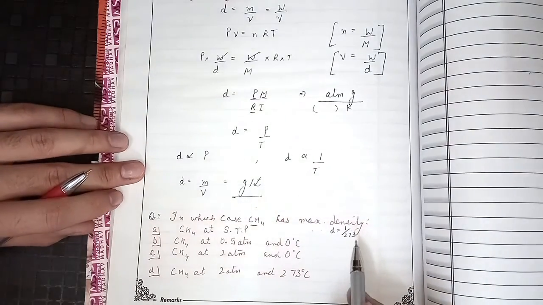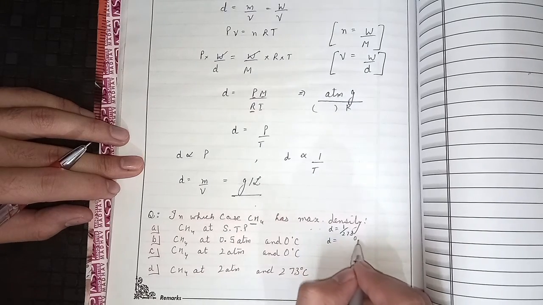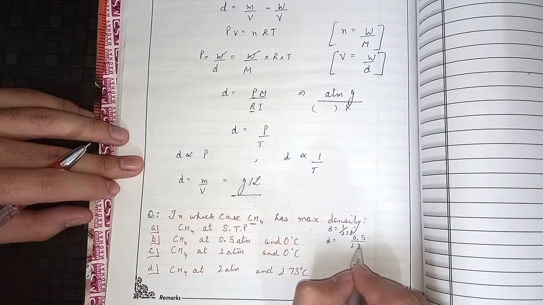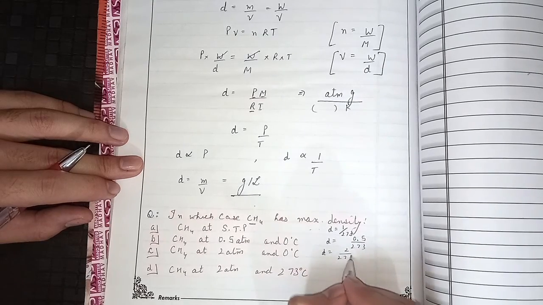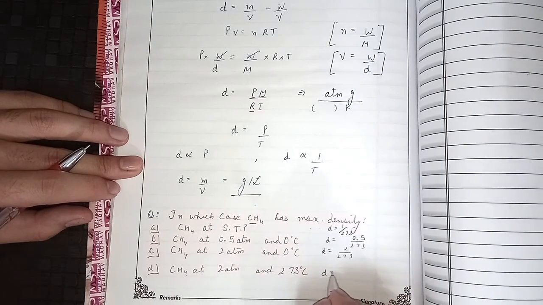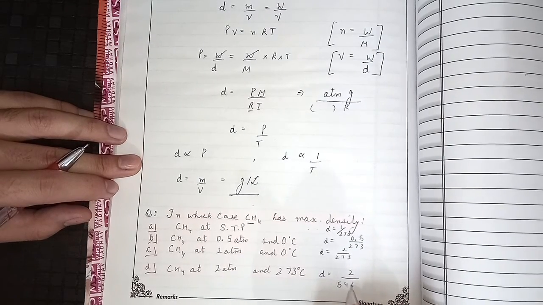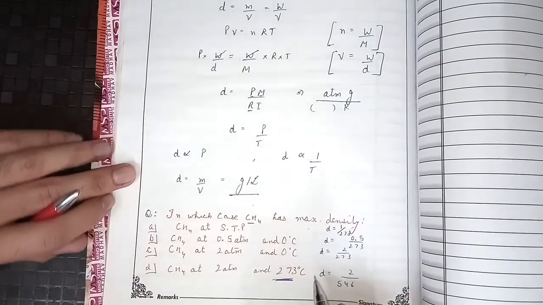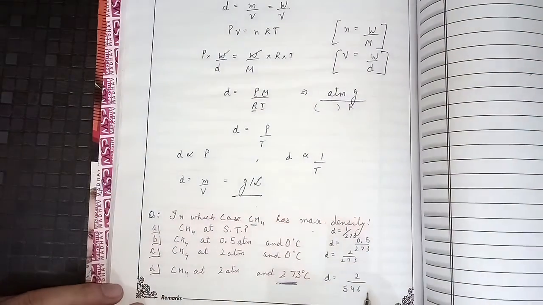So it is 1 over 273. In this case D will become 0.5 over 273. Here D is equal to 2 over 273, and here D will become 2 over 546, as there is 273 Celsius. So to change it into Kelvin, it will become 546.